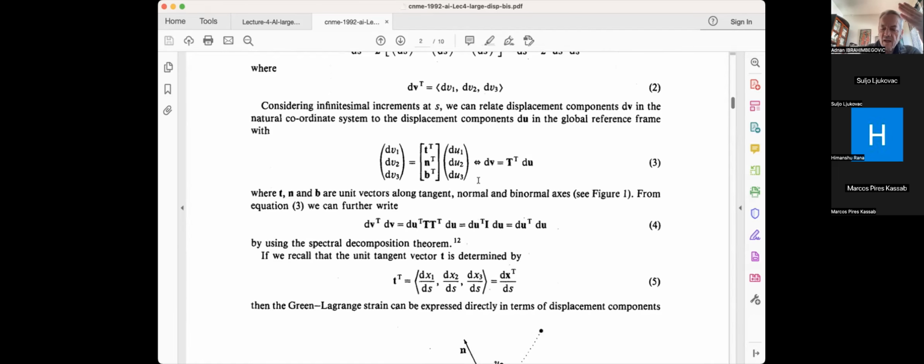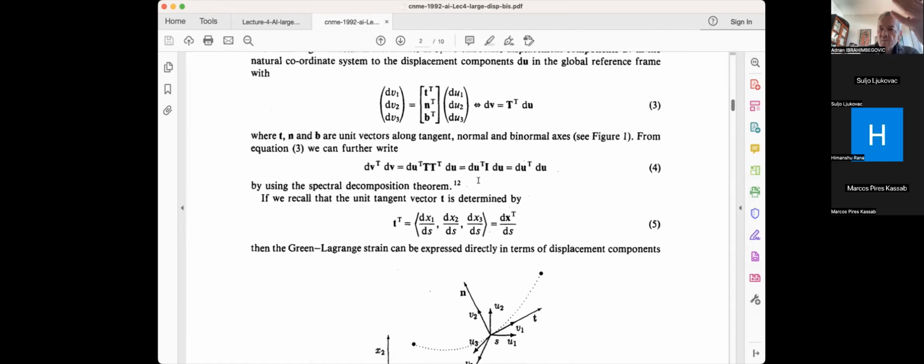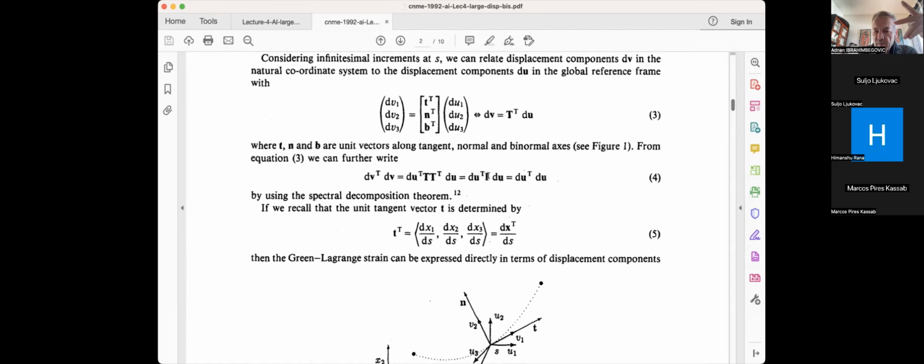Then I can provide the n to be perpendicular to t, in, let's say, the plane that I choose. So then binormal b will be perpendicular to both t and n, and again a unit vector. So representing this like t transpose, n transpose, b transpose, that becomes an orthogonal matrix, and I can transform from dv to du by using this orthogonal matrix.